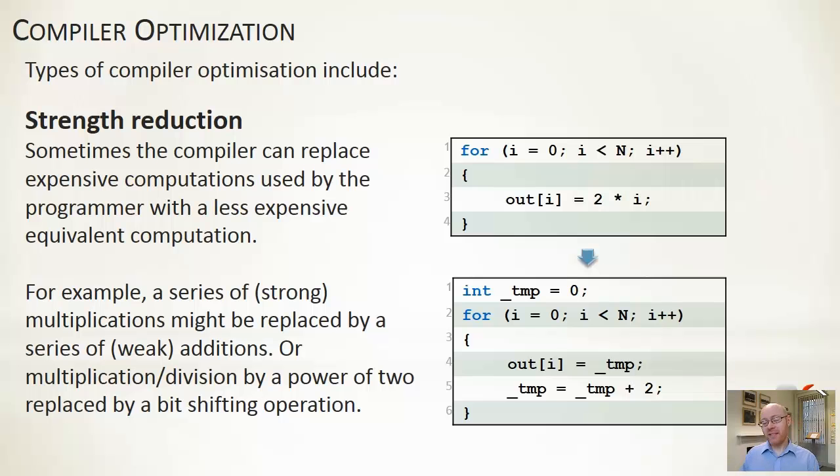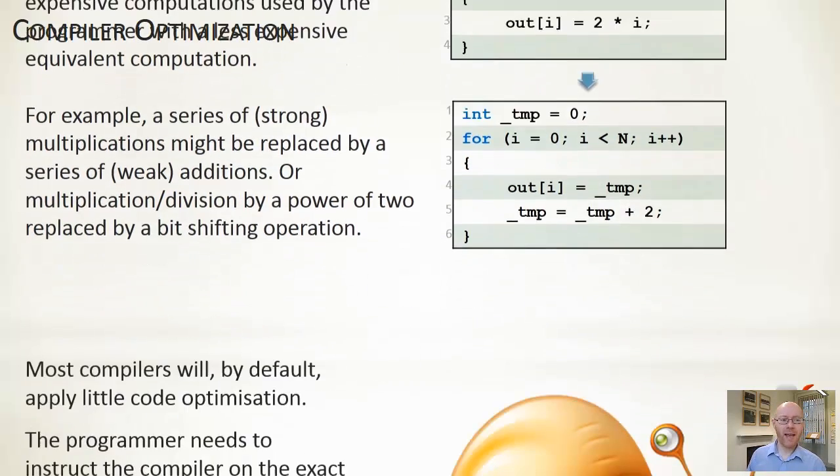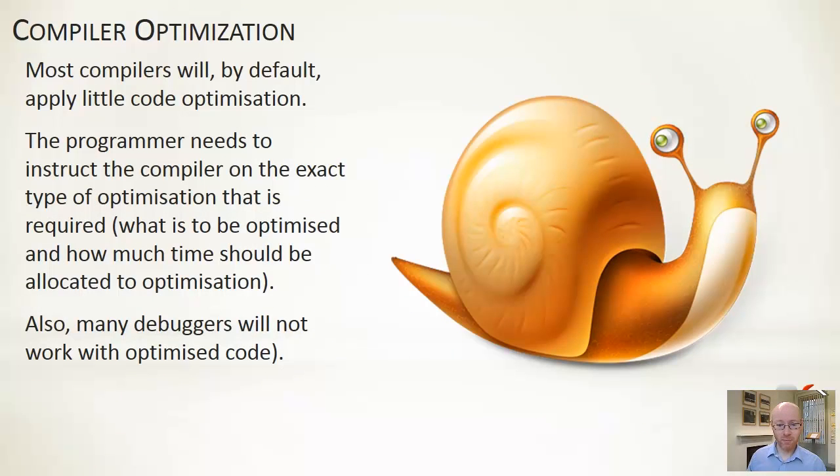So those were some examples. Most compilers, if you simply say, here's my program, off you go and compile it, will do it with little in the way of optimization. So we quite often need to turn it on. We need to tell the compiler the type of optimization that we are looking for. Do you want to minimize the amount of memory or the number of machine instructions needed, in terms of what area to work on?